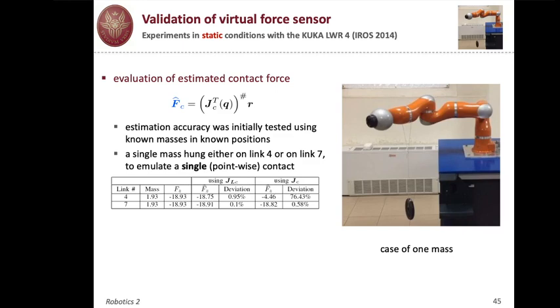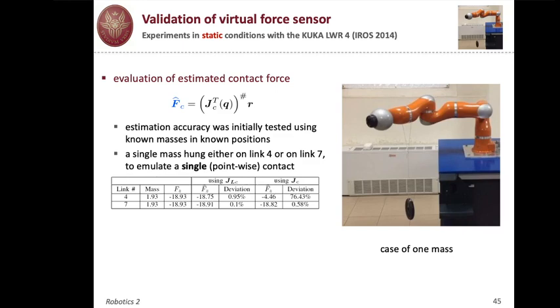Okay, so we have a very good estimate, at least in static condition. We will see later on that this can be tested also in dynamic condition by using a 6-dimensional force torque sensor.